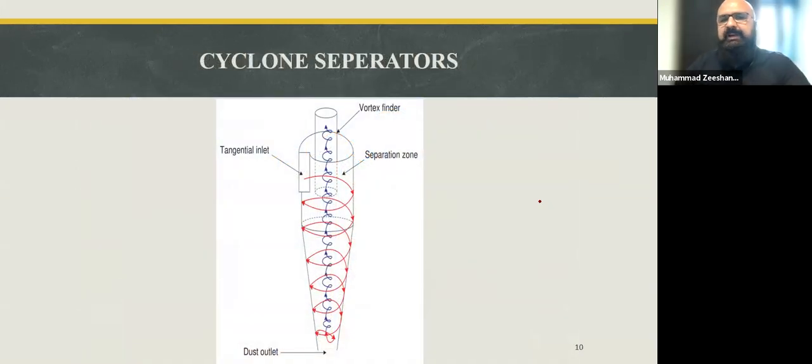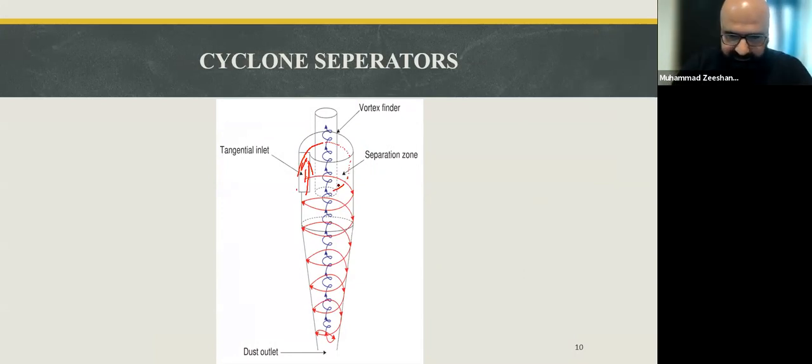The next option that we have to remove particulate matter from stationary sources is cyclone separators, right? It's a conical shaped equipment in which we introduce the dirty gas tangentially, right? Dirty gas, let me repeat it again for everybody, means a mixture of gases which contains particulate matter, and our objective right now is to remove particulate matter from the rest of the gases, right?